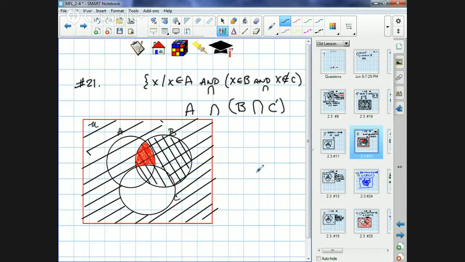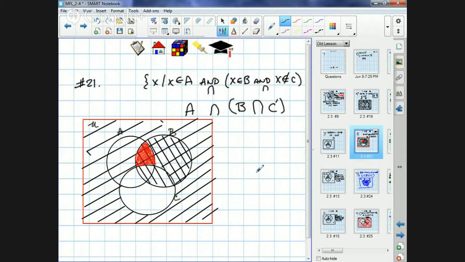The intersection then is A, B. So you kind of start at the end, hey? Well, you know why? It was because of the parentheses.